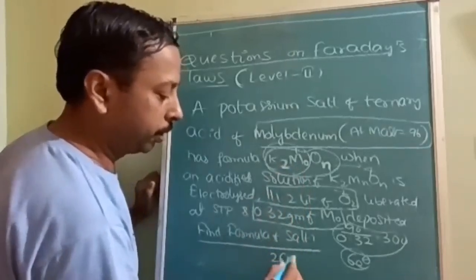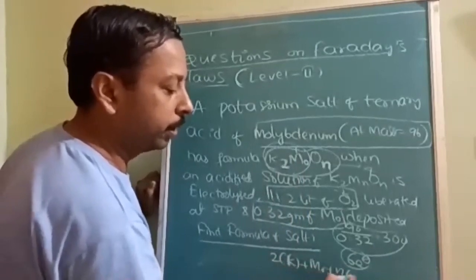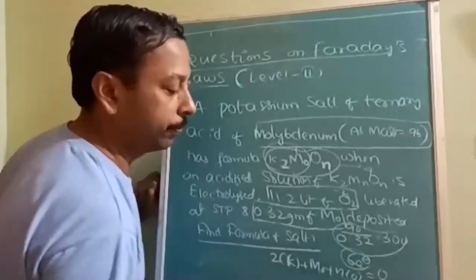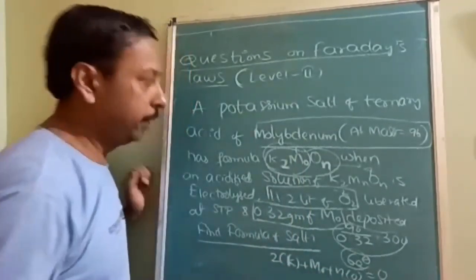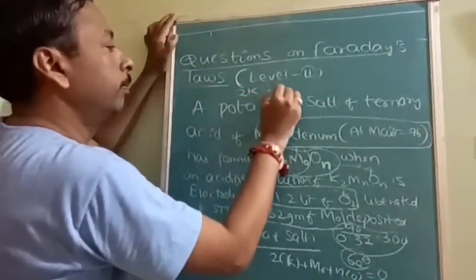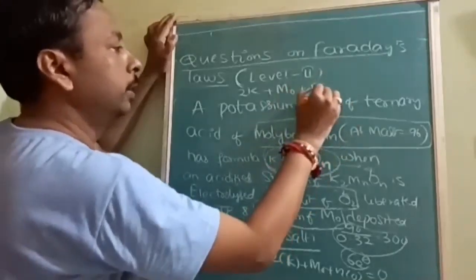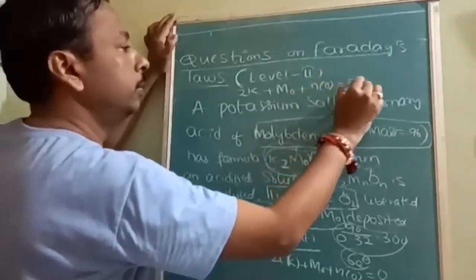Two into potassium plus molybdenum plus n into oxygen should be 0.